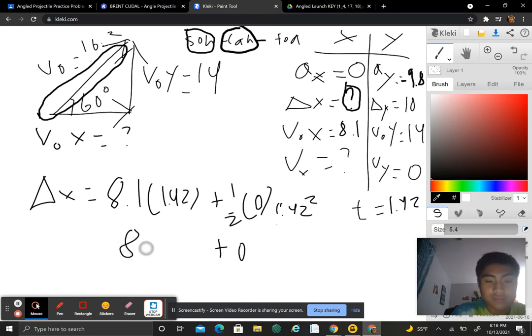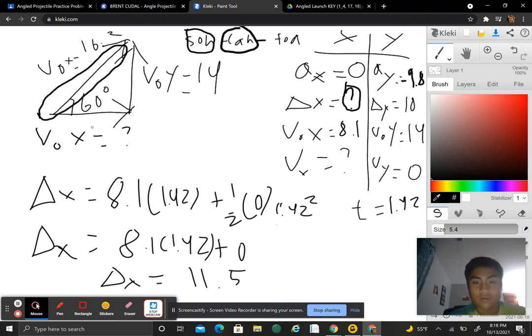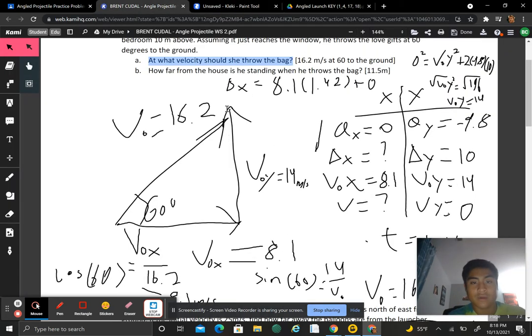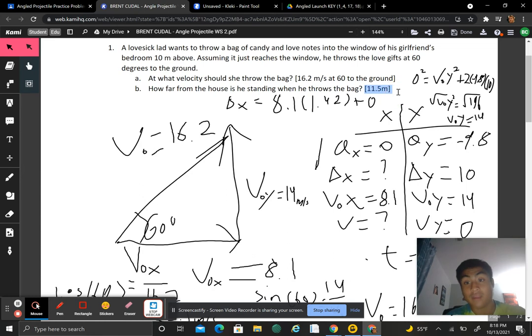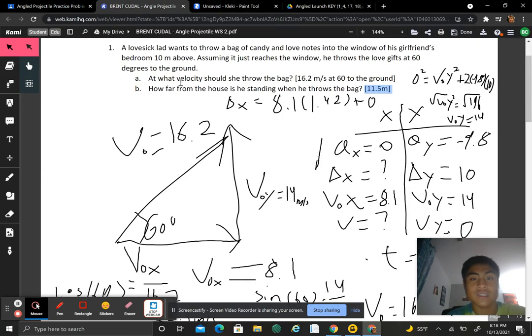So you just end up doing 8.1 times 1.42 for delta x. And that should end up being, if I double check on my calculator just to make sure, times 1.42, 11.5. And what do we have right here as our answer? 11.5 meters.